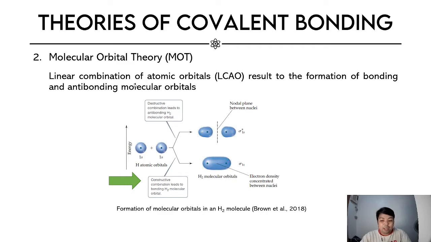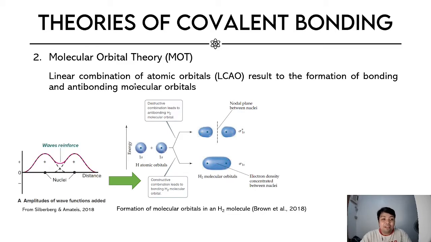According to Mulliken, constructive combination of atomic orbitals is simply akin to adding the two orbitals. Since each orbital is represented by a wave function, as indicated by the Schrodinger equation, constructive combination of atomic orbitals is simply adding these two waveforms.